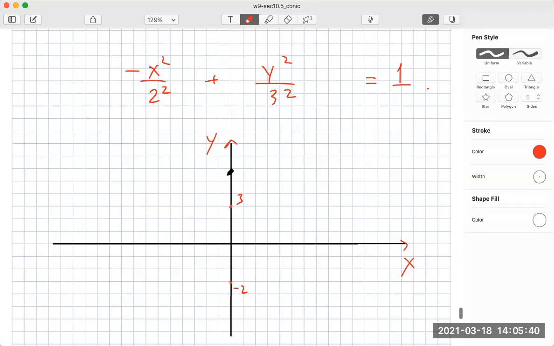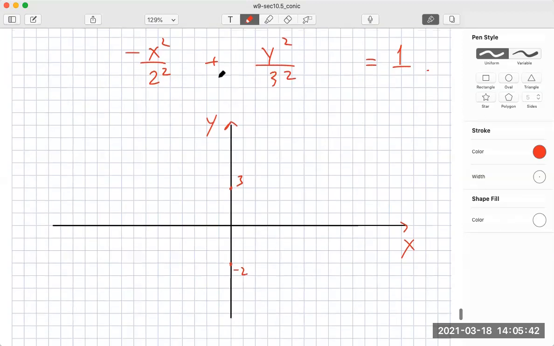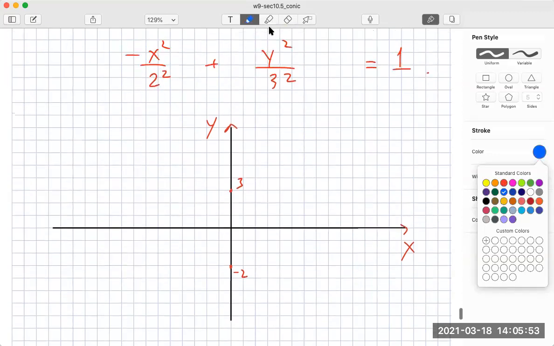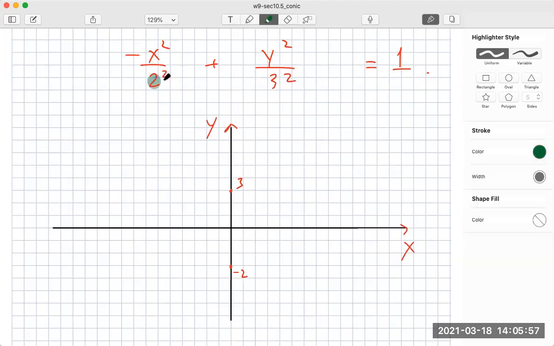So we have that A here is 3. Then what should we do next? This number is 2, right?